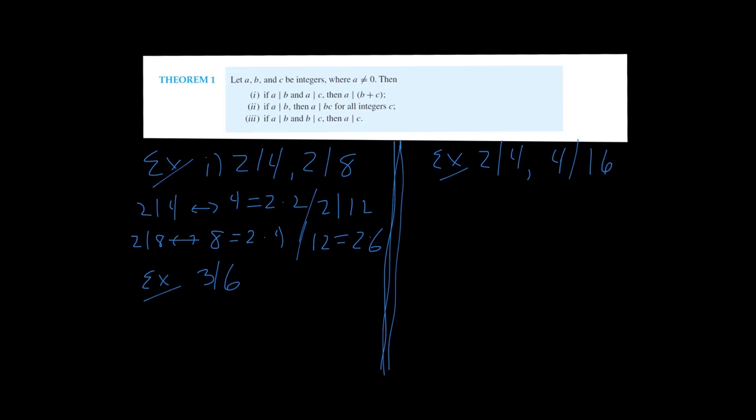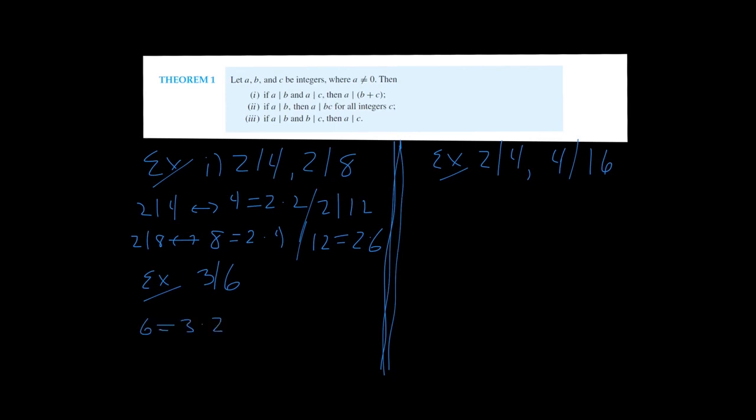Next part of the theorem says if A divides B, then A divides B times C for any other integer you want. So look at this example right here, 3 divides 6. We know that 3 divides 6 because 6 can be written as 3 times 2.